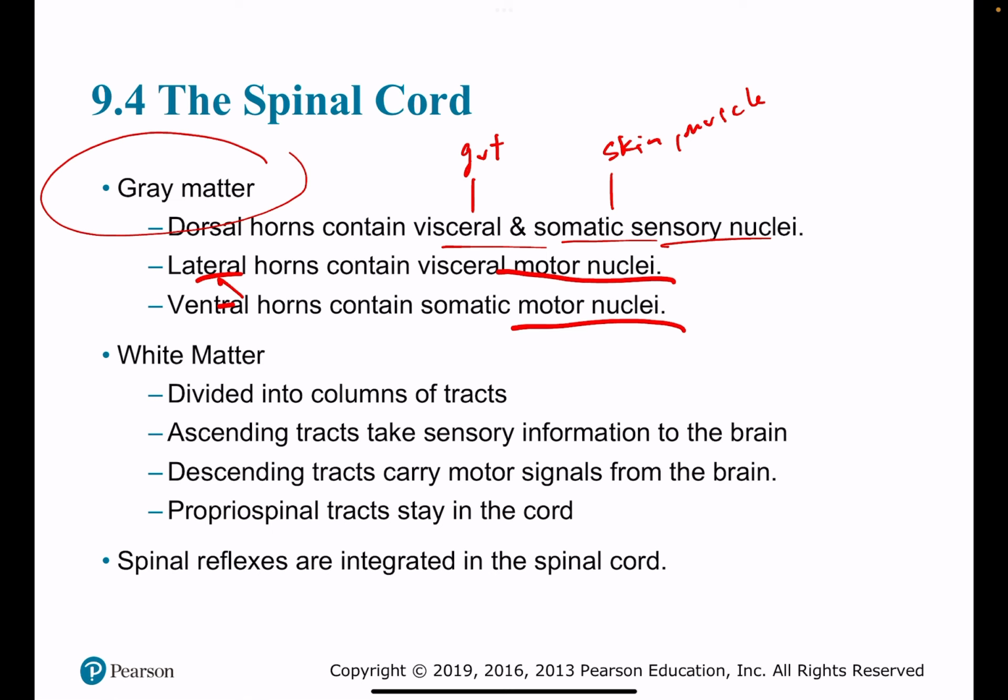Okay. White matter. Ascending tracts, we already just said, bring sensory info to the brain. Descending tracts are motor signals from the brain. There are these things called propriospinal tracts that do not leave the spinal cord. They're like in between. And then we'll get to what a spinal reflex is in a second because there's an image.